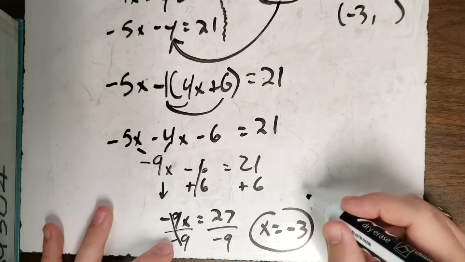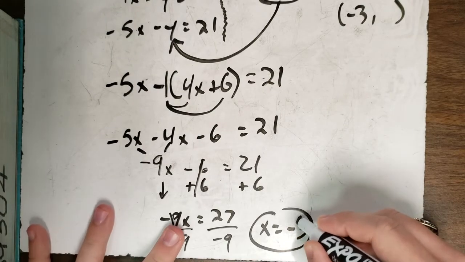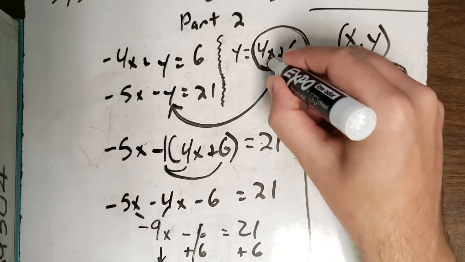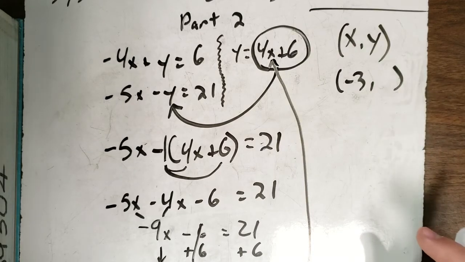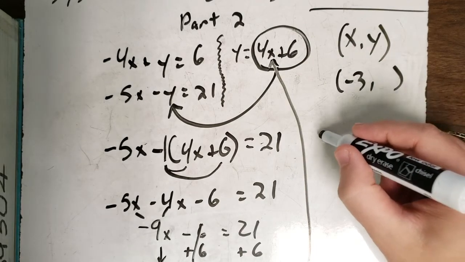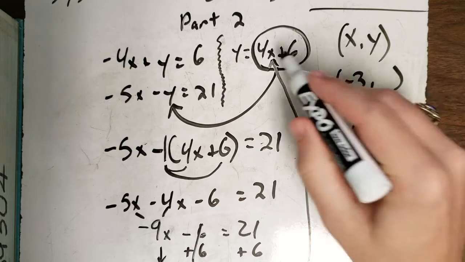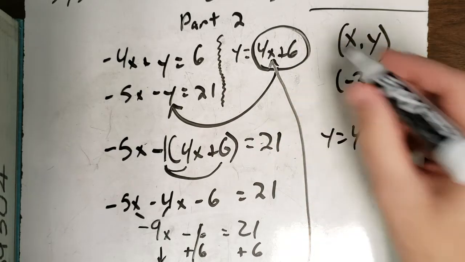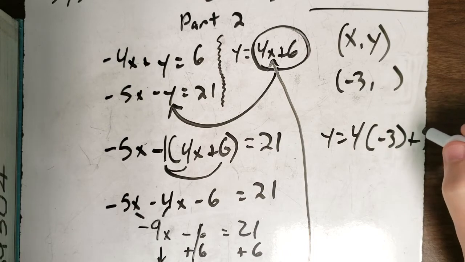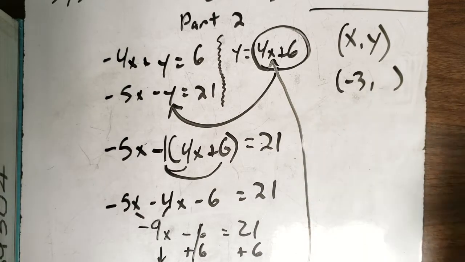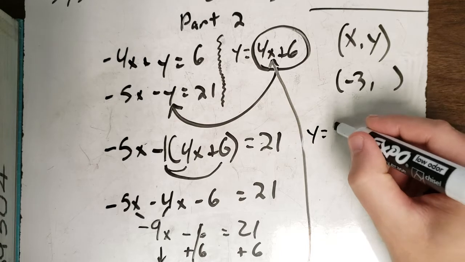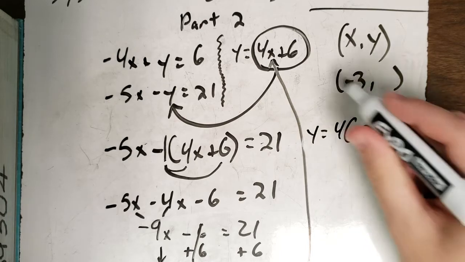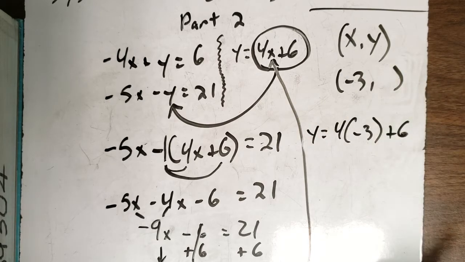So we found our x is negative 3. We take this, we plug it in to our x right here, and we solve. Y equals 4, and instead of x, our x is negative 3, so we're going to write negative 3 plus, oh, that's not going to work. Y equals 4 times negative 3, and then the rest plus 6, okay?